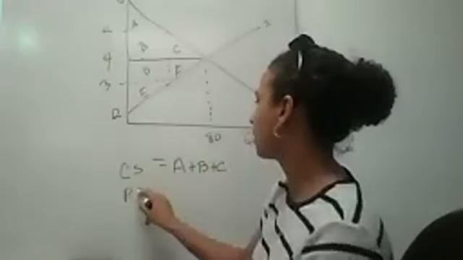All it means is this guy was willing and able to sell it for this much. He actually got this much, so he reaped that much surplus. And if we add them all up, we would have D plus E plus F.